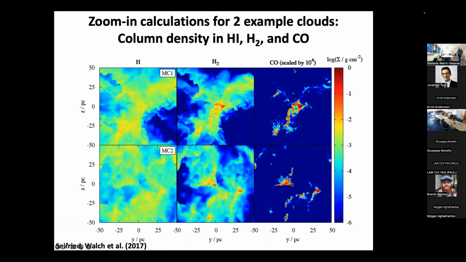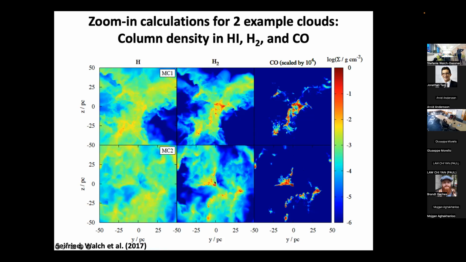And so this is just two clouds which are plotted here on the top row and on the bottom row. I show you the distribution of atomic hydrogen, molecular hydrogen, and CO. The CO is scaled up such that we can use the same color bar. Basically what you can see here is that we get this kind of onion-like structure or scrambled egg structure, whatever you like better, where the CO is tracing the densest environments.